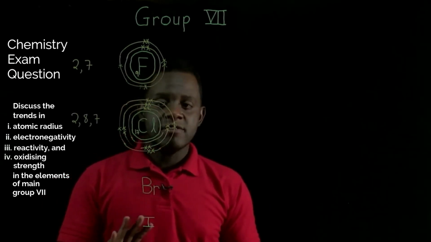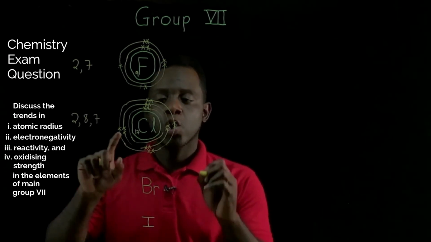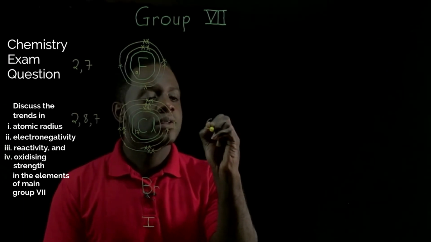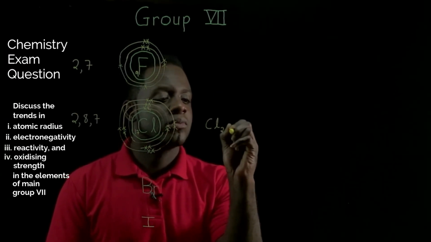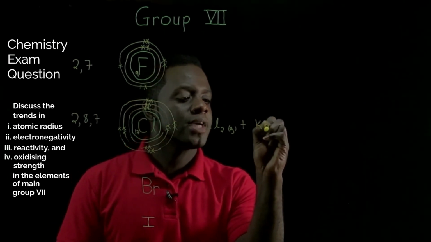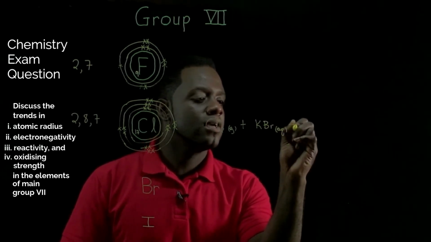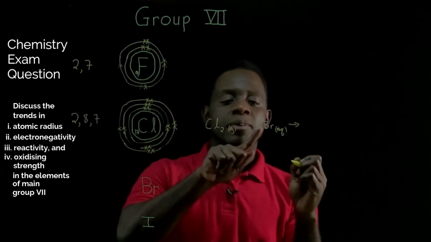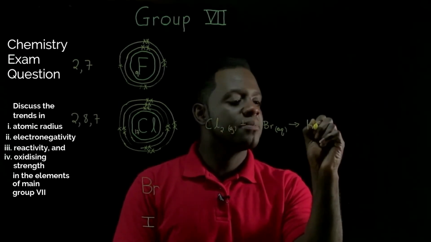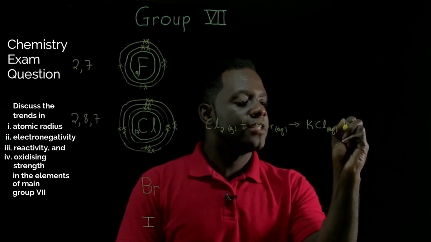To make this point even further, let us look at the reaction between chlorine and potassium bromide. Cl2 gas plus potassium bromide, that's aqueous, going to form potassium chloride, and this is a single displacement reaction, and bromine.